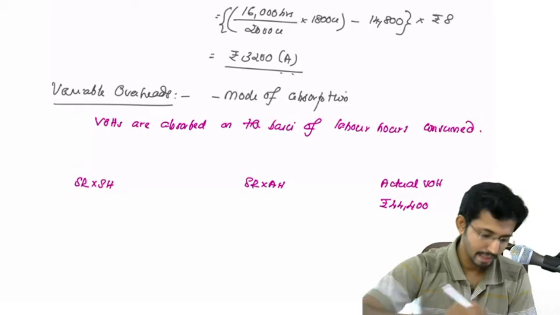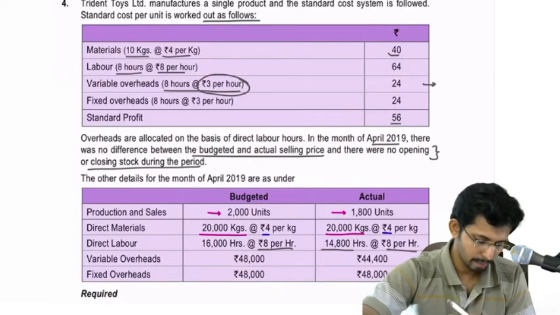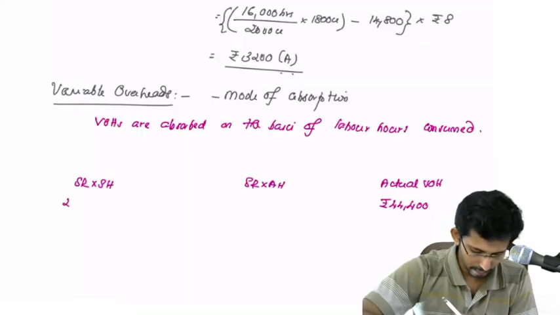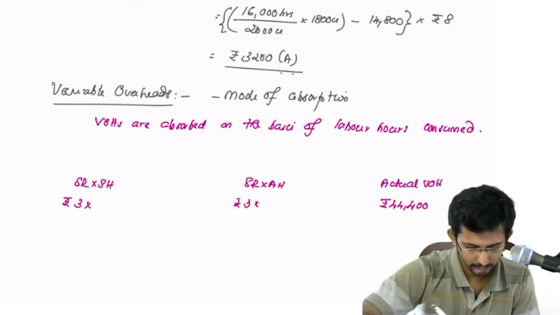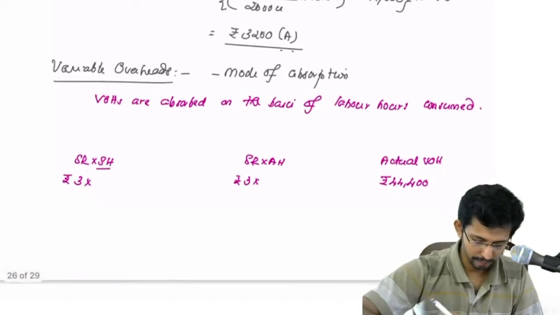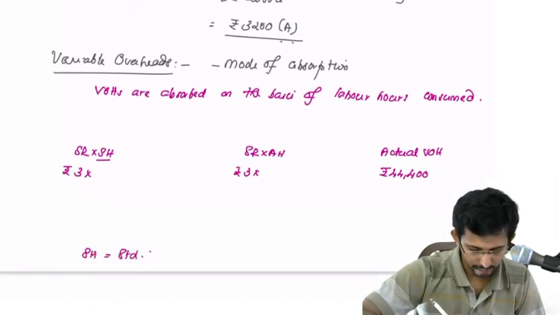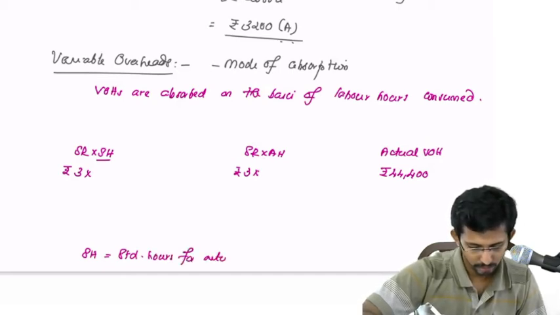Standard rate is the variable overhead absorption rate, given to be rupees 3 per hour. So rupees 3 into SH. What is SH? SH is the standard hours for actual output or actual production.